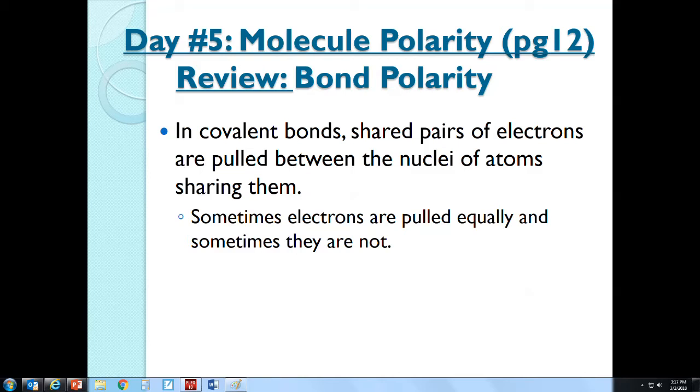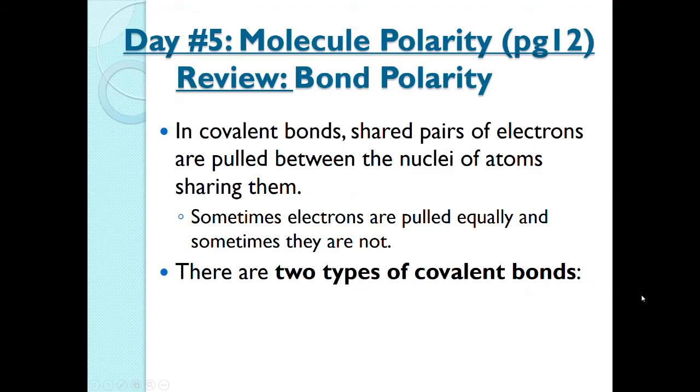Okay, so those two types of covalent bonds are nonpolar and polar. So your nonpolar bonds are the ones that are pulled equally. They have the same electronegativity, or based off what we learned yesterday, they have a very small difference in their electronegativity, and it gives them a nonpolar bond.